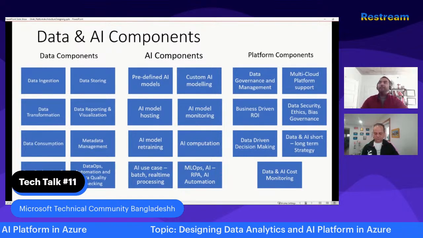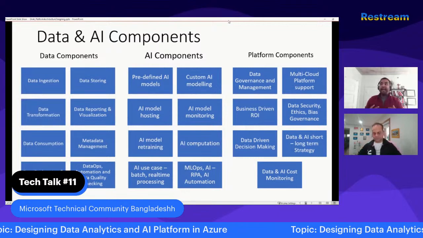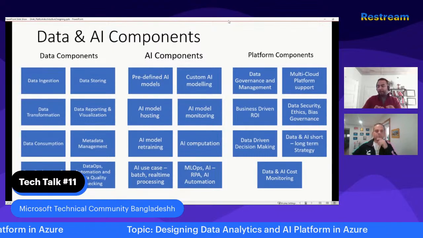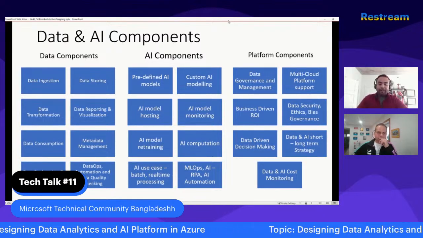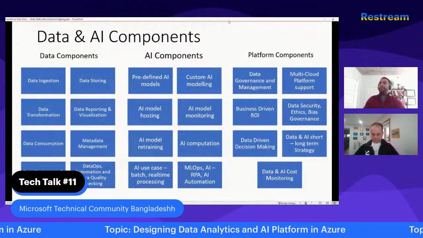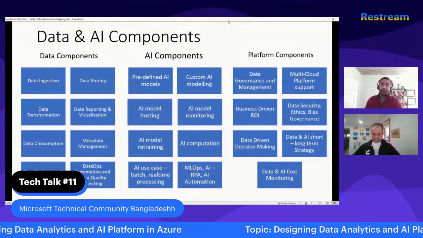For an enterprise setting up their data and AI strategy, they need to think more than just a database or an AI model. They need to think about how the model will be deployed, how it will be retrained, and what components we need to have.